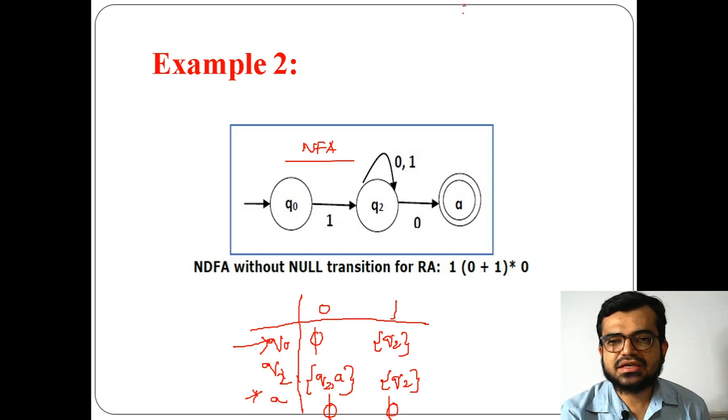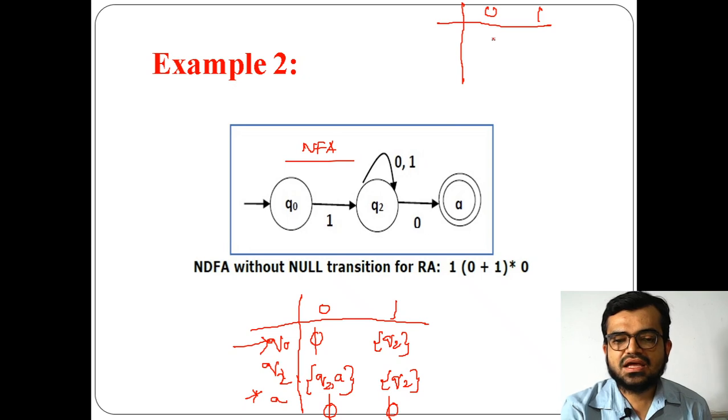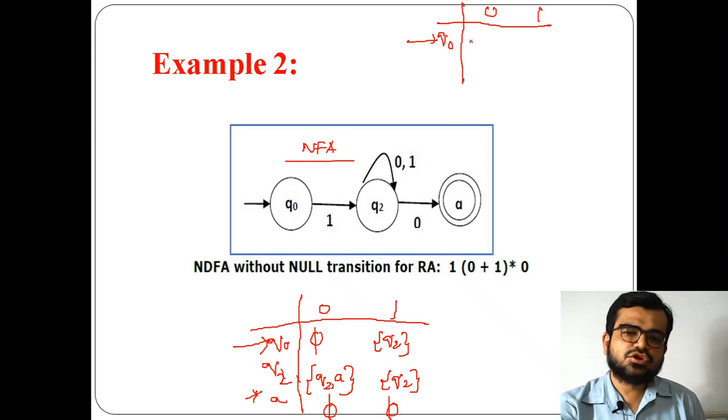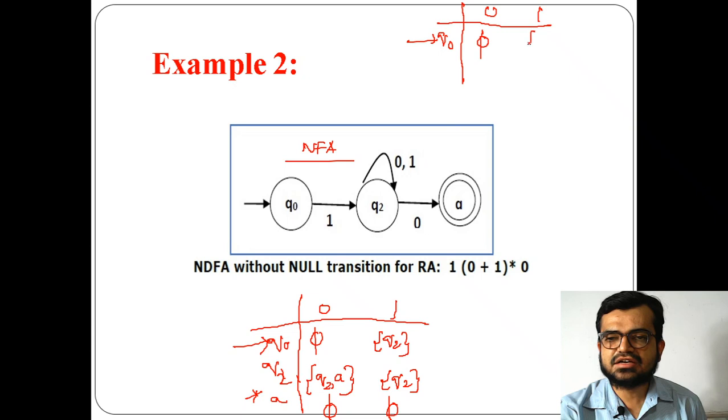I am doing it here so that you can understand easily. So I am taking 0 and 1. First thing is we have to see Q0 initially. It is phi only, and here it is a single state, meaning it is not violating, right?